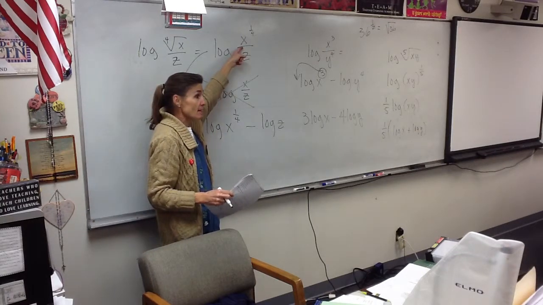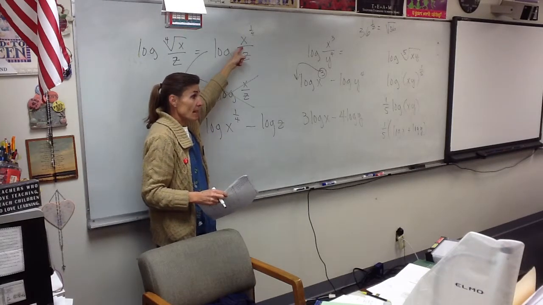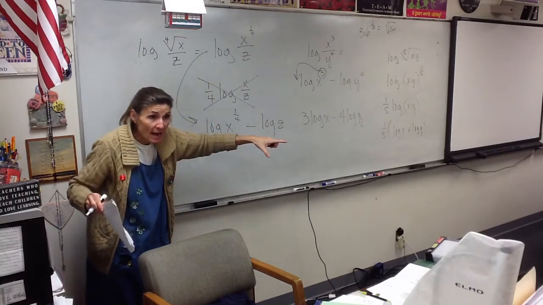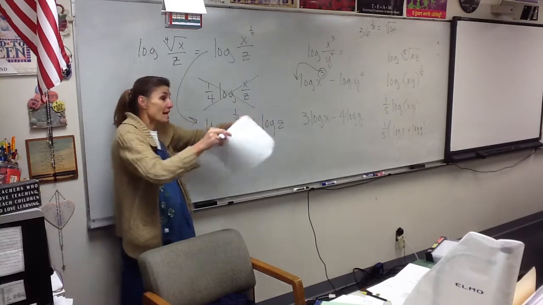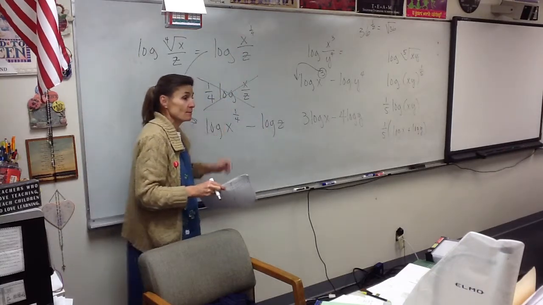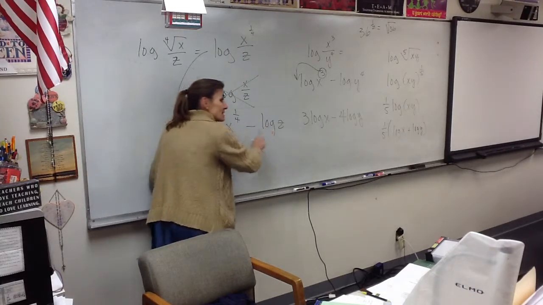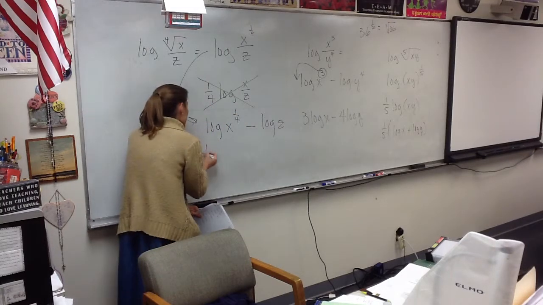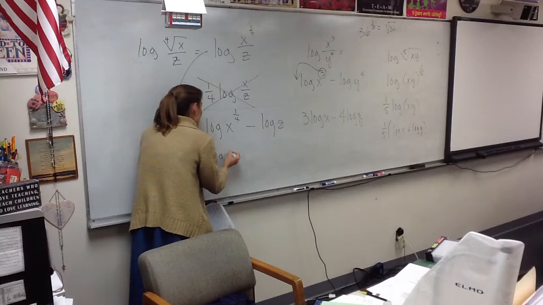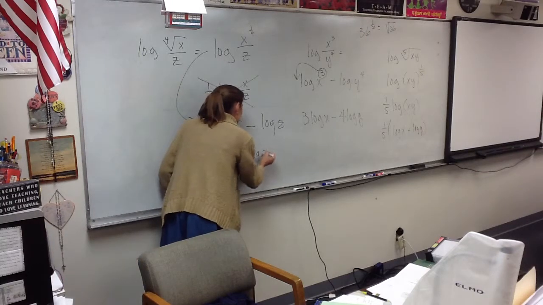Because it's a division. And divisions break apart as subtractions. And subtractions go together as divisions. Now that I have it separated, can I pull the 1/4 off now? Yeah, because it only goes with the x. Very good, Katie Thomas.